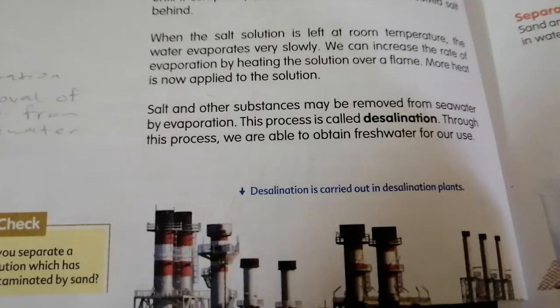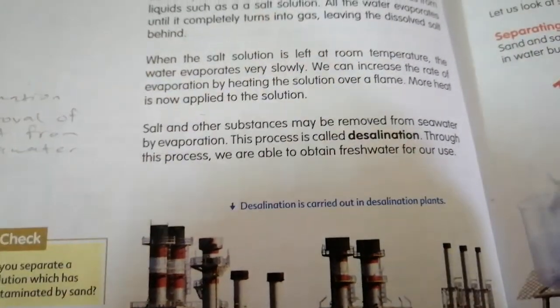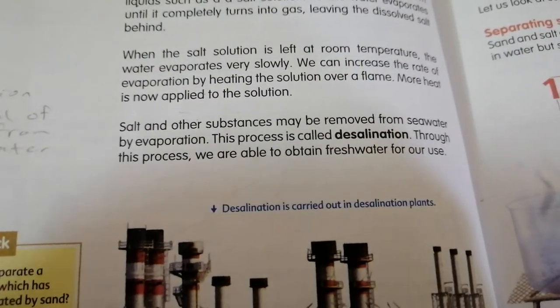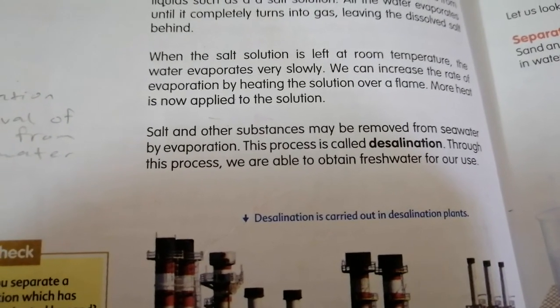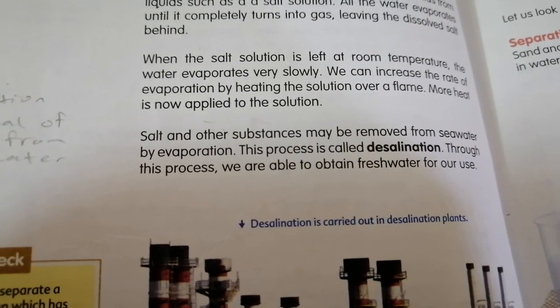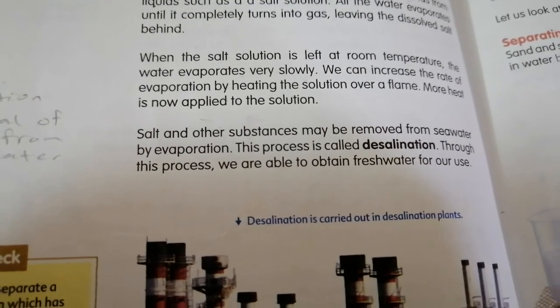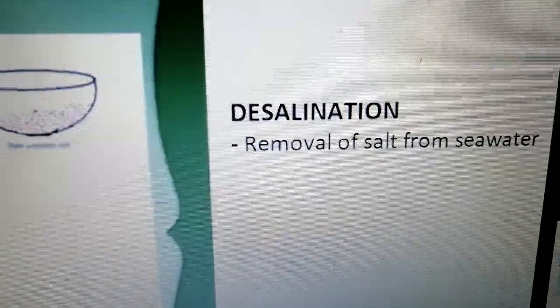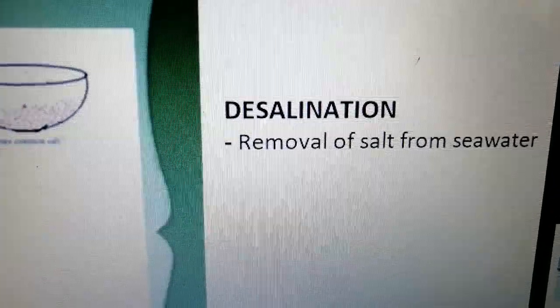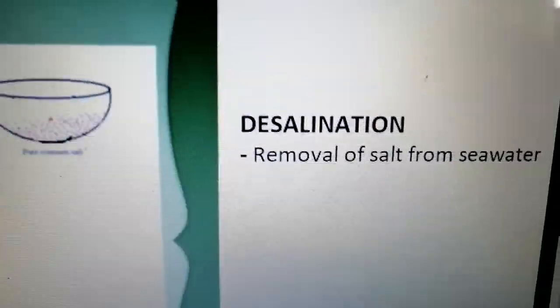Look at your textbook again. Salt and other substances may be removed from seawater by evaporation. This process is called desalination. Through this process, we are able to obtain fresh water for our use. Desalination is the removal of salt from seawater.